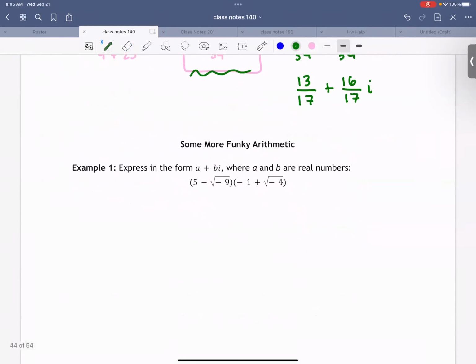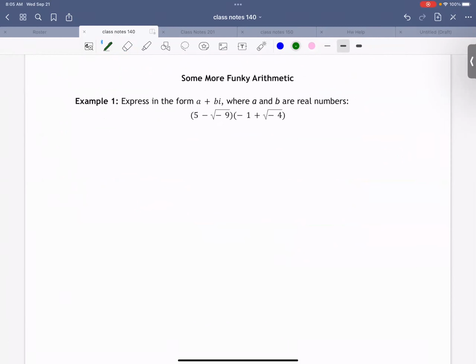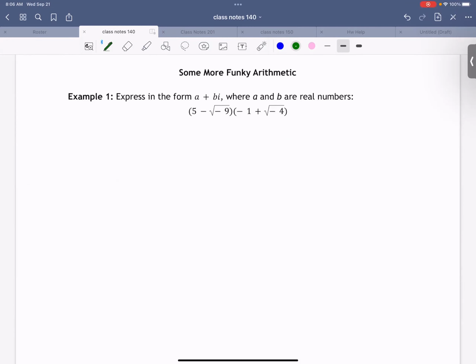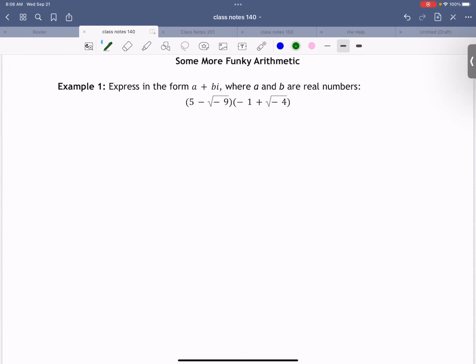Let's talk about 2 more types of questions that can arise with complex numbers that don't really look like complex number questions, but they are. So for example, we have some more funky stuff going on. It doesn't look like an imaginary number, but it kind of does.